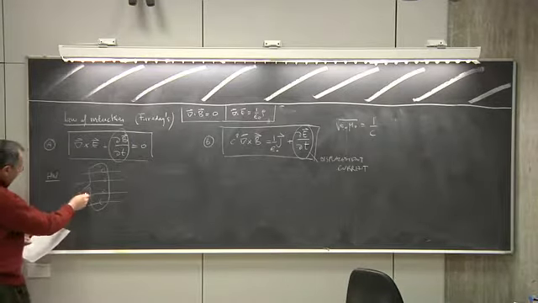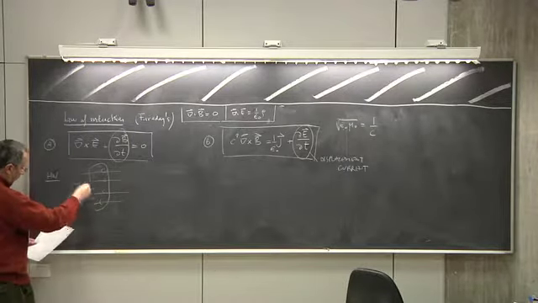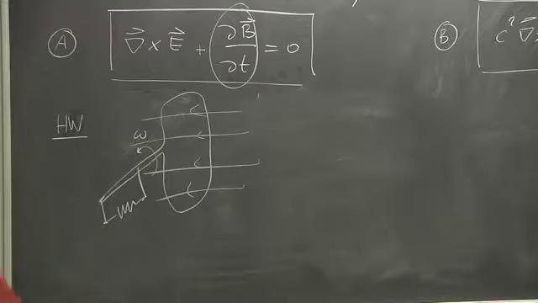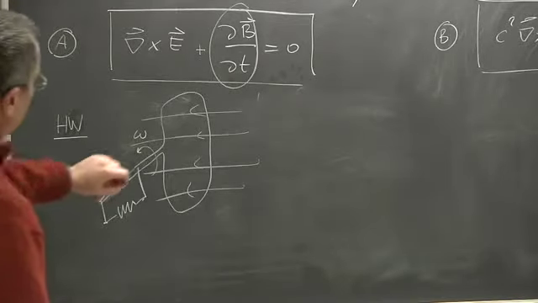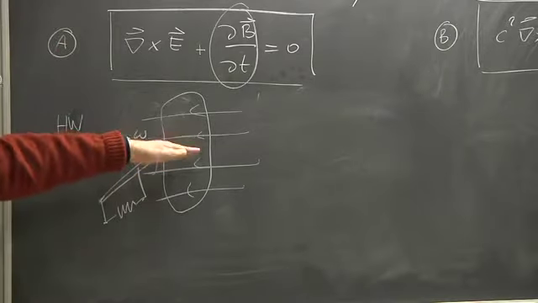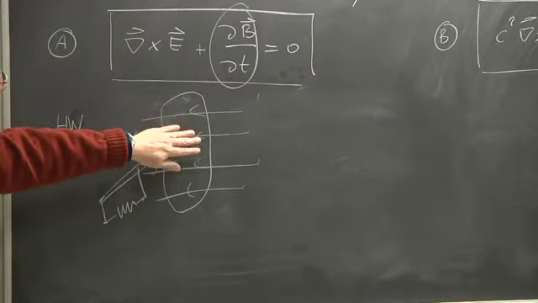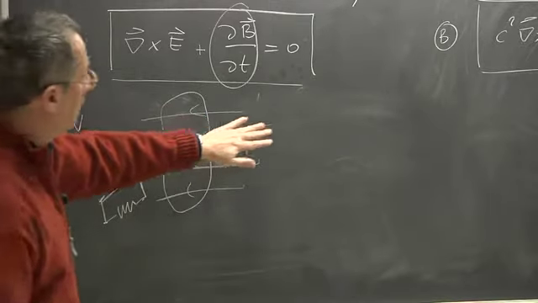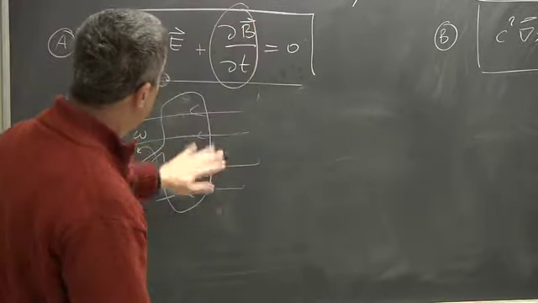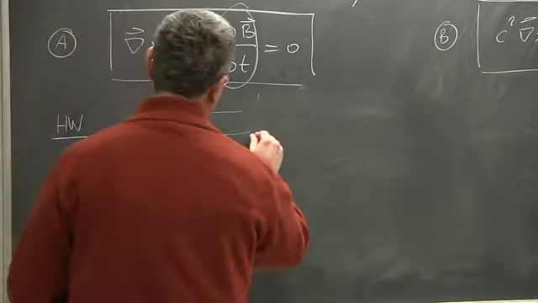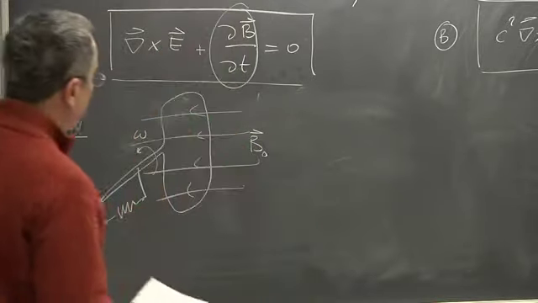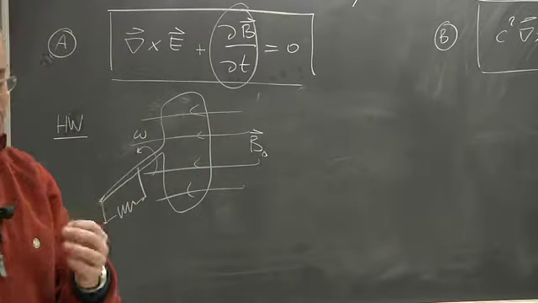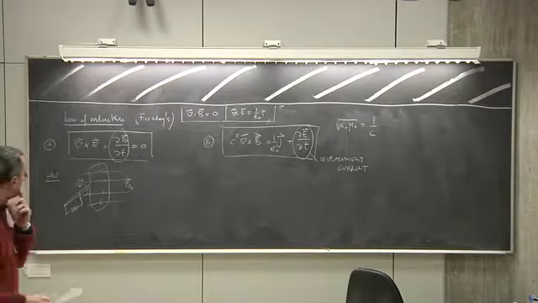But it's very simple to have these things turn around with a certain angular velocity omega. As this thing turns around, it intersects a variable surface, right? So the flux of B, even though B is constant, B naught, is not constant. And this is really the basis of most electric generators.